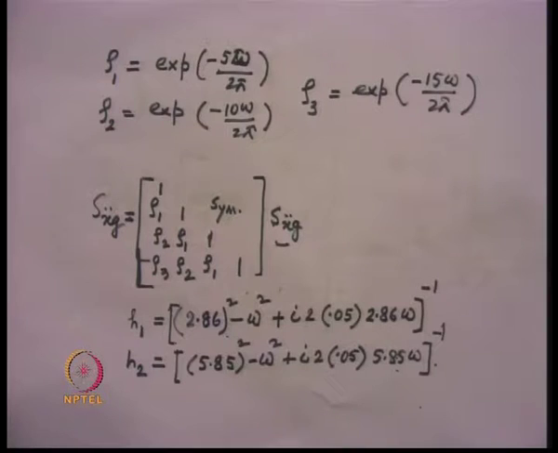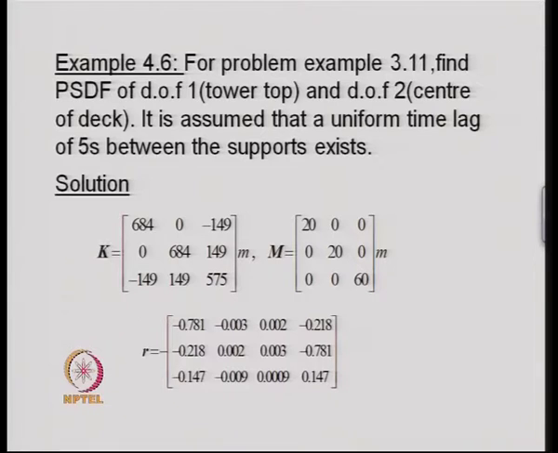This is the problem that we had solved for the cable stayed bridge, where we want the power spectral density function of the degree of freedom 1, that is the left hand tower top, and degree of freedom, it will not be 2, it will be 3, that is the center of the deck. And it is assumed that a uniform time lag of 5 seconds between the supports exists, that is, it is a multi support excitation case.